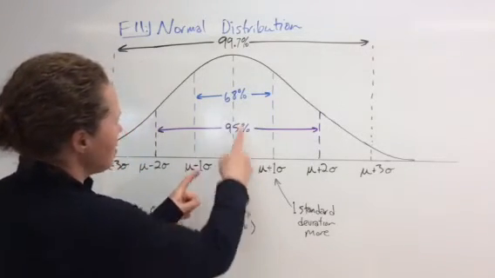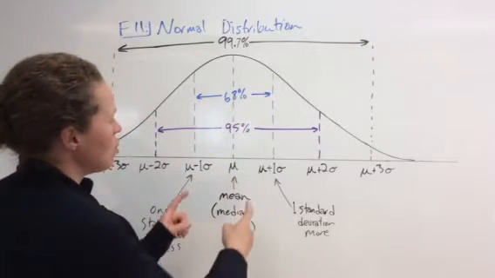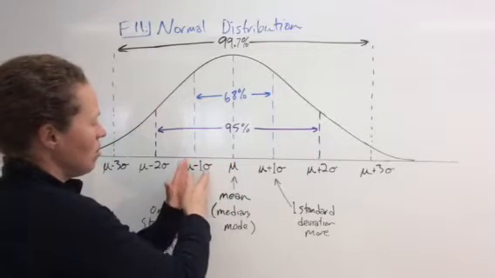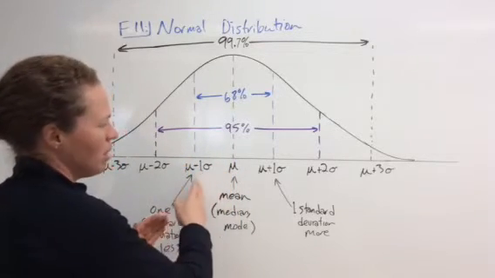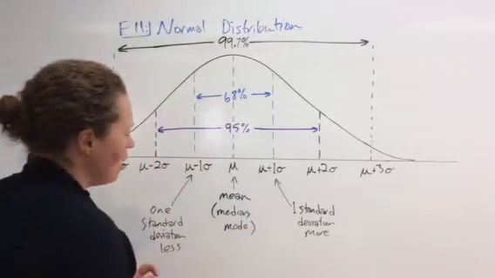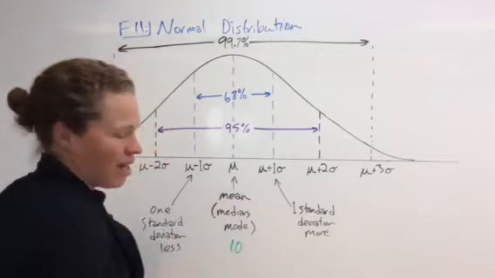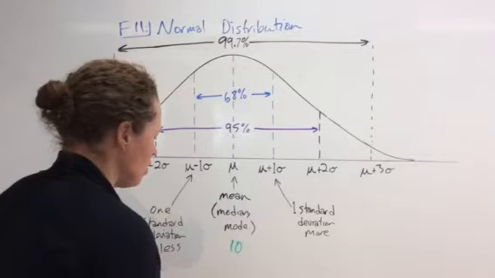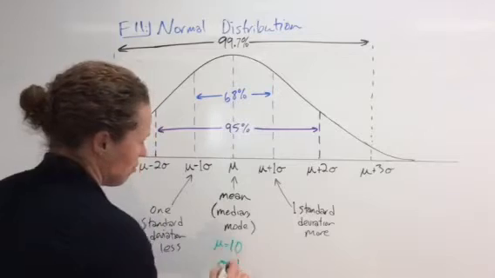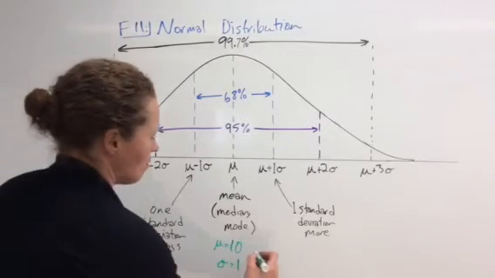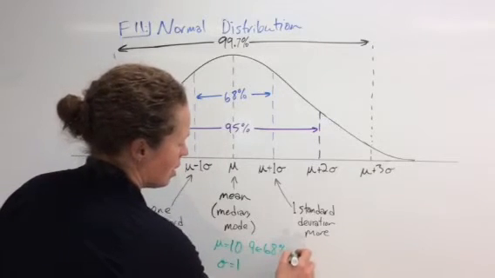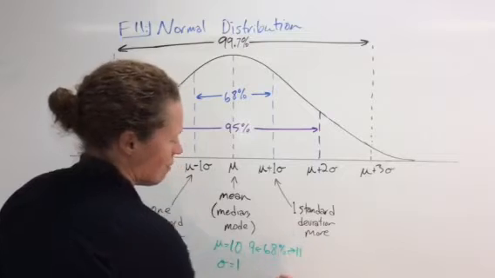In fact, 68% of all of your data should be either right near the mean or up to 1 standard deviation away on the bottom side or 1 standard deviation away on the top side. So for example, that would mean that if your mean for your data was 10 and your standard deviation was 1, so here's my standard deviation, here's my mean, then 68% of my data should be between 9 and 11.